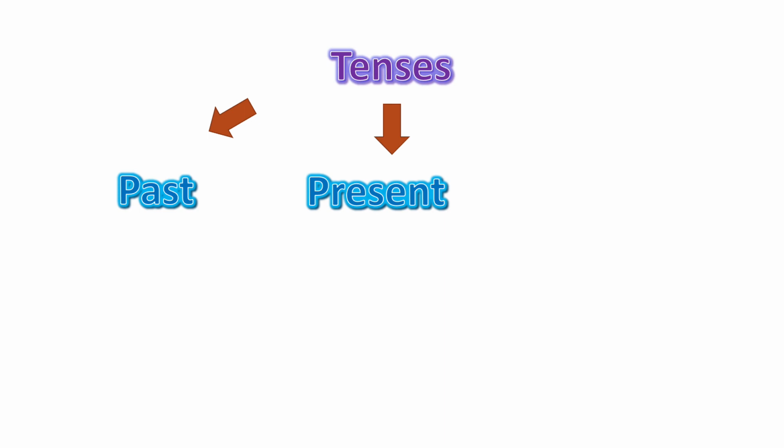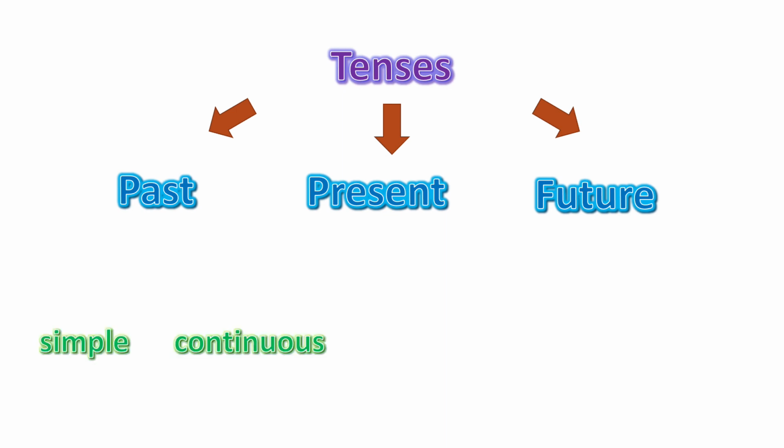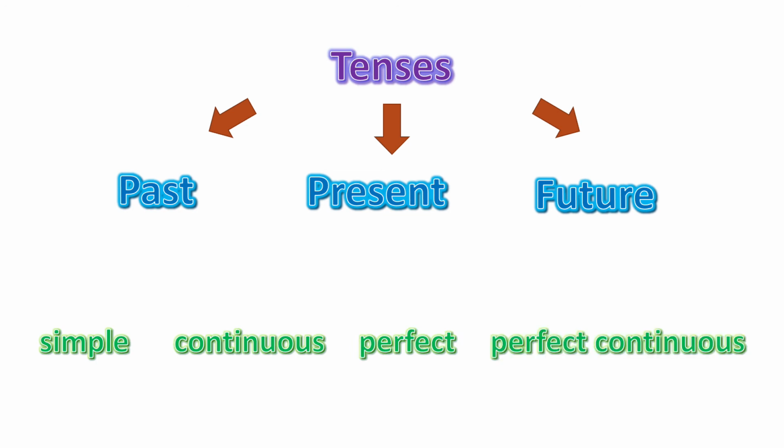In the same way, tenses can be divided into the past tense, the present tense, and the future tense. And each of them can be further divided into simple, continuous, perfect, and perfect continuous.